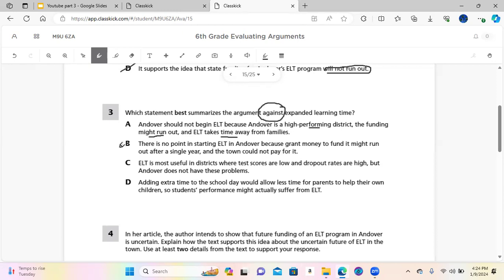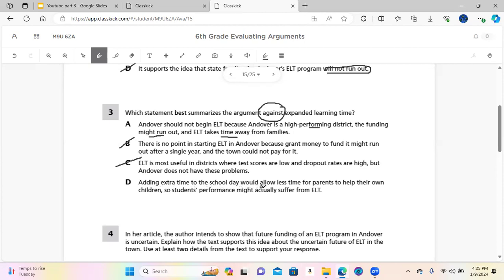So, oh, that's not a good summary. ELT is most useful in districts where test scores are low and dropout rates are high, but Andover does not have these problems. It actually said that they already had high test scores, so they wouldn't need ELT. But this only speaks of one claim as well. So that one is also out.